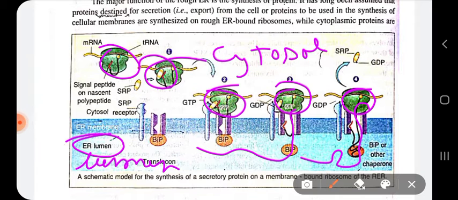I will give you a video animation on how the proteins are transported into the endoplasmic reticulum lumen after protein synthesis. When I ask you to study this, I will teach you with this video lecture. I will also send you that video, maybe today, so that it will be easy for you to remember.